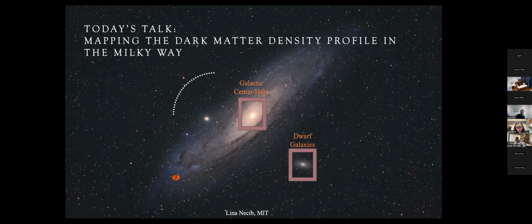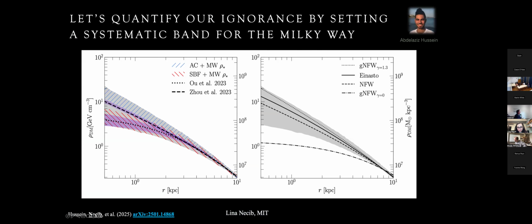So you showed a plot earlier on. It was very interesting to see that most recent one, just how much certain of those profiles are in tension with what you see. You showed a plot earlier where you've got differences with Einasto and GNFW functions.